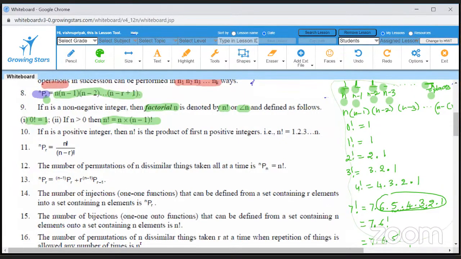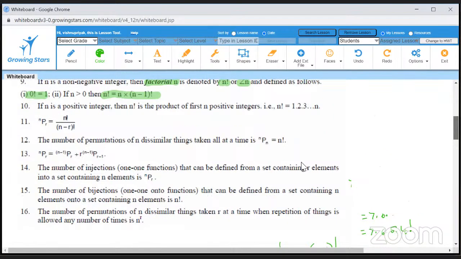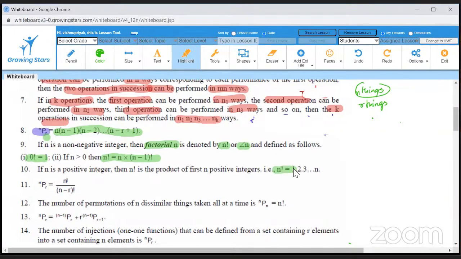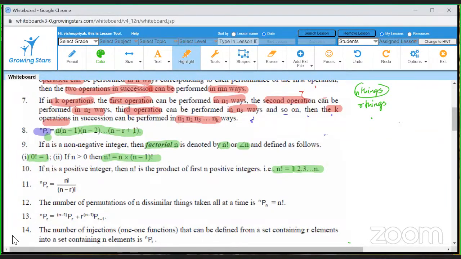Let me remove all these. Okay. Now, n factorial means 1 into 2 into 3 into 4 into 5 up to n. That is n factorial.